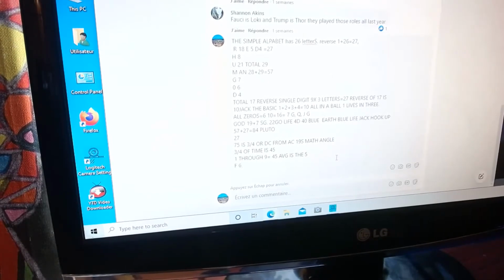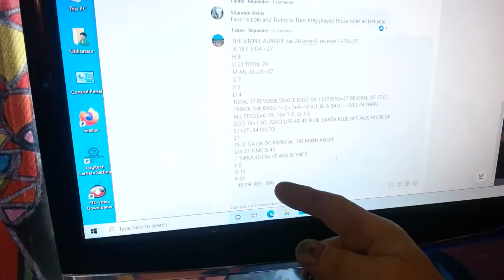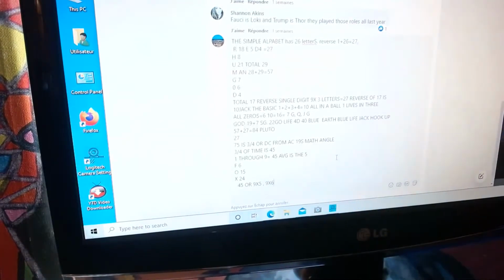F6, O 15, X 24. The total is 45, or 9 times 5, 9 times 6. So 9 and 5, 9 and 6, 5 goes with 6, stays the same way.